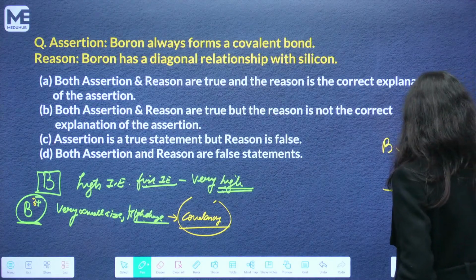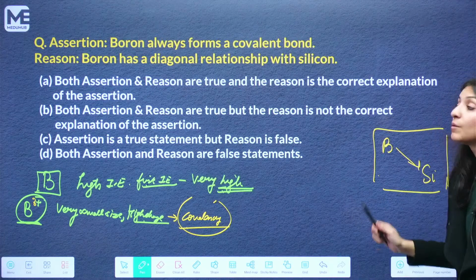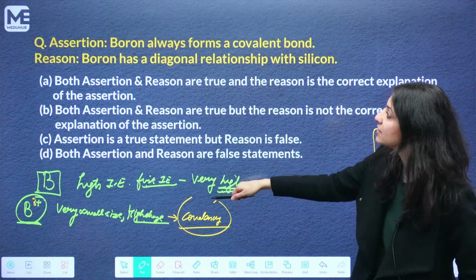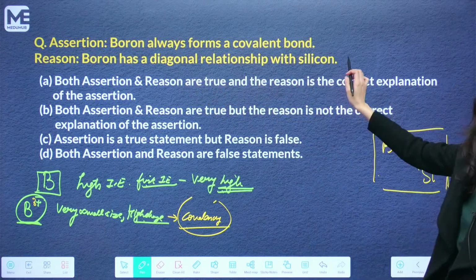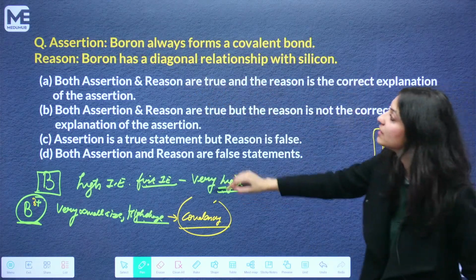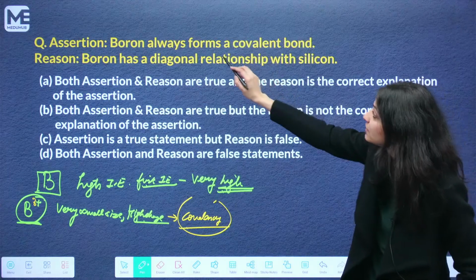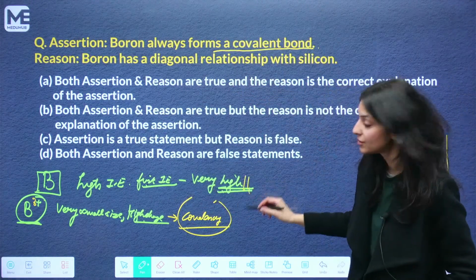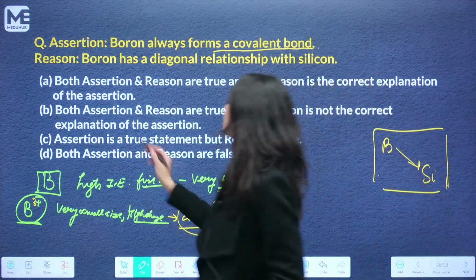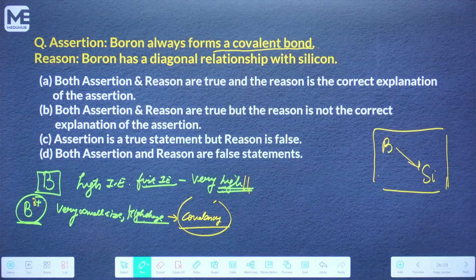Now, you've read about diagonal relationships, right? But this is not the reason. The statement is correct. Boron has a diagonal relationship with silicon, but it is not the reason for the given assertion. The reason for this given assertion is high ionization energy and small size. So the correct answer, have you given the correct option?